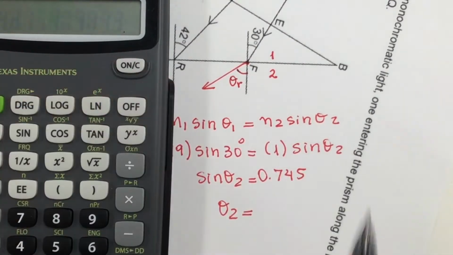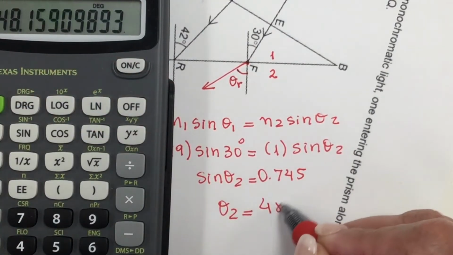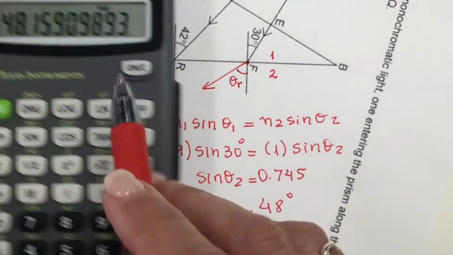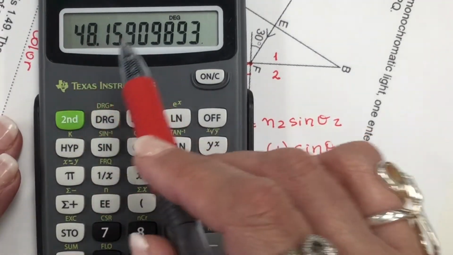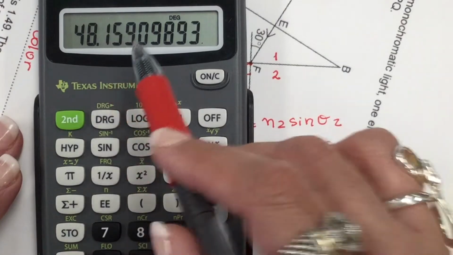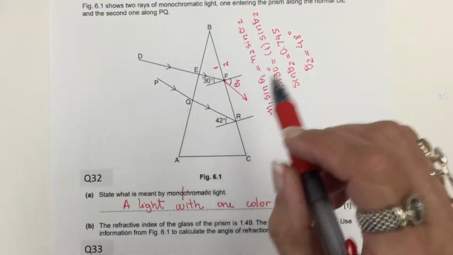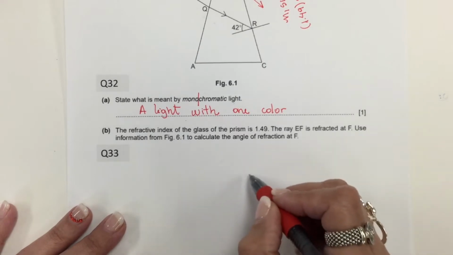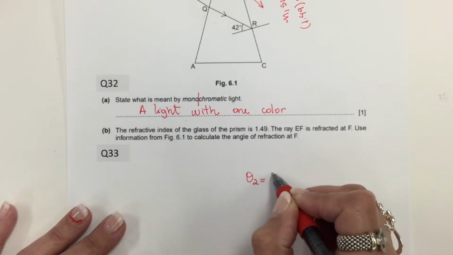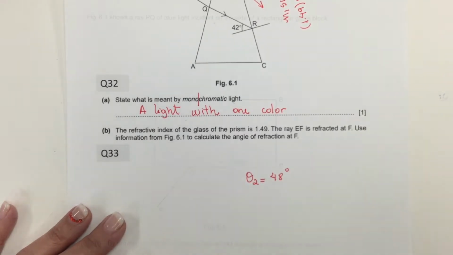So that is 48 degrees. You can round to 48 degrees, or you can write 48.16. You need to show your work to earn the points for this question. So here, theta 2 is 48 degrees.